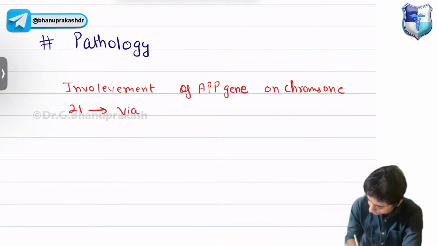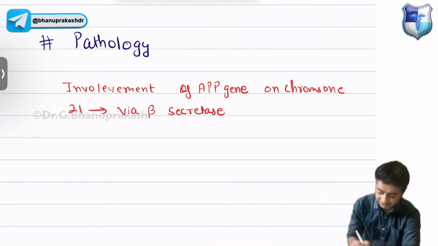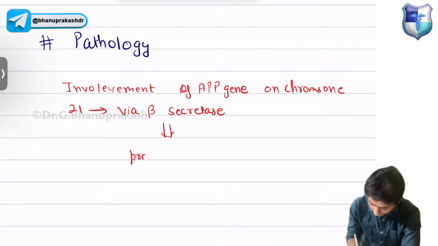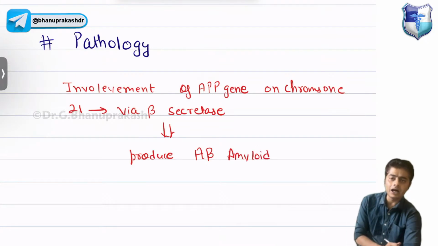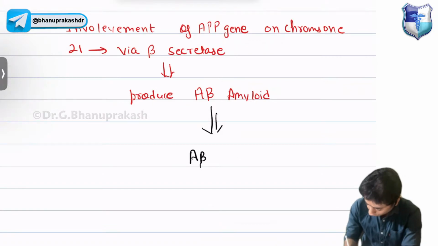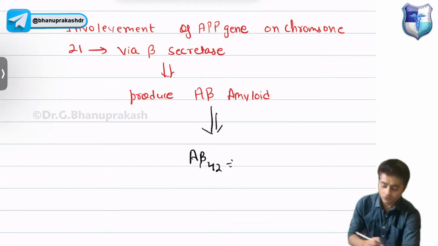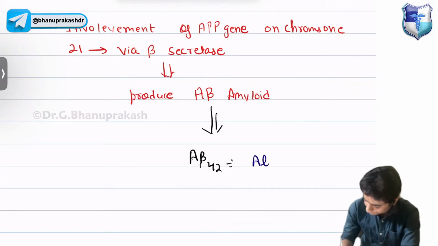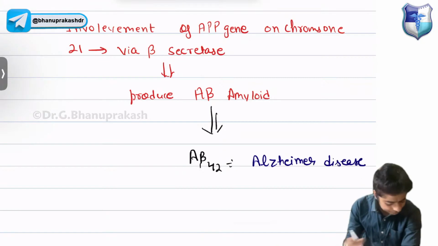And via beta secretase, it will produce a beta amyloid, and in this condition it is A beta 42, which is responsible for Alzheimer disease.